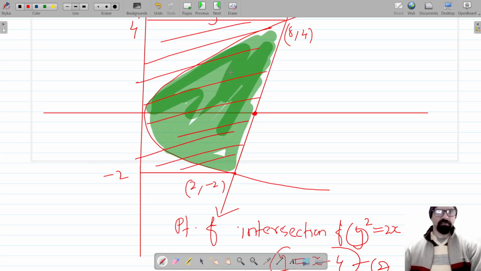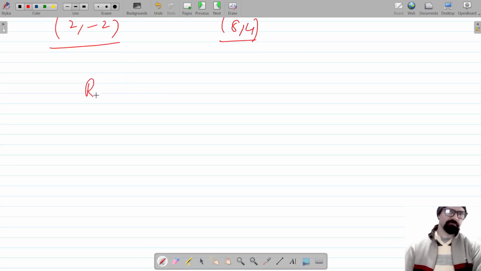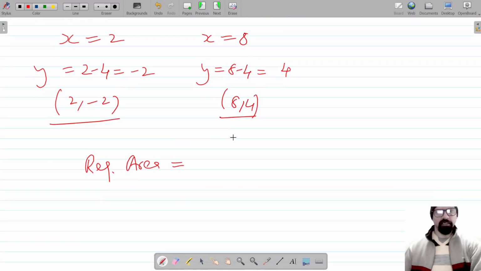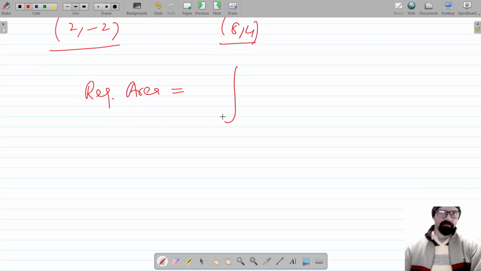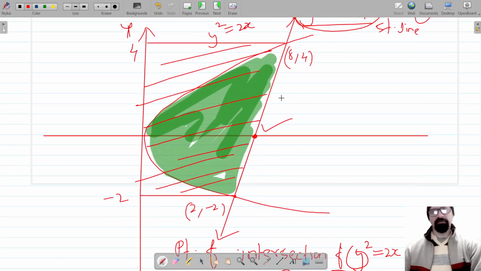And our required area is the shaded area, so we have to subtract. This is the complete area that lies under this graph.